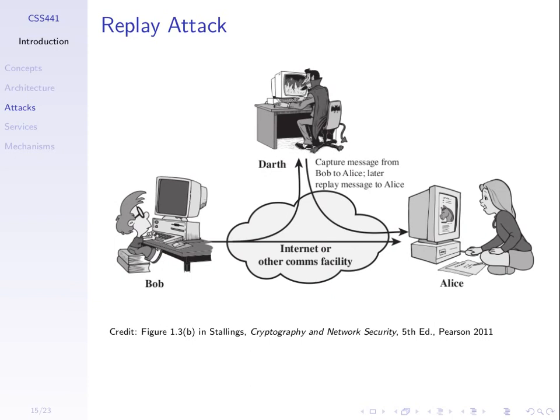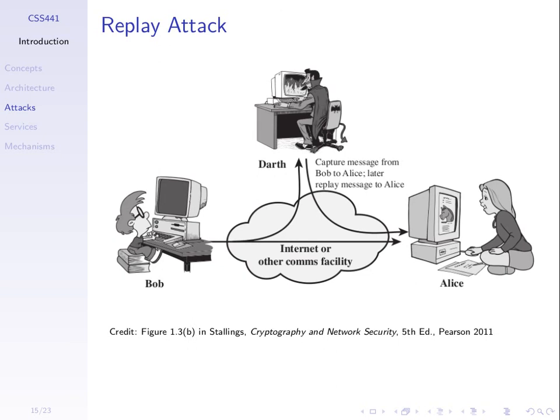A replay attack. And these have some similarities. Bob sends a message to Alice. The real Bob sends a message to Alice yesterday, or maybe last month. Last month, Darth did a good job, and Bob sent a message to Alice saying, "Please increase the salary of Darth by 10,000 baht." It was a real message. And when that was sent, Darth actually intercepted and got a copy of that message.